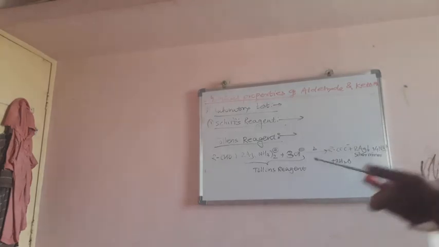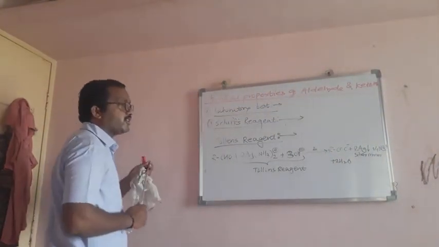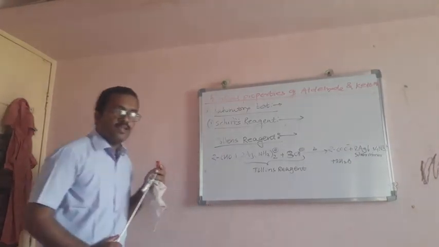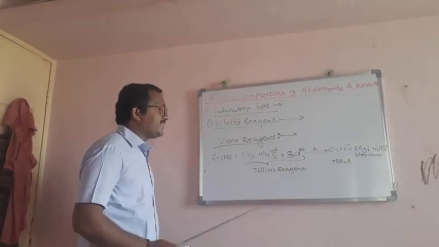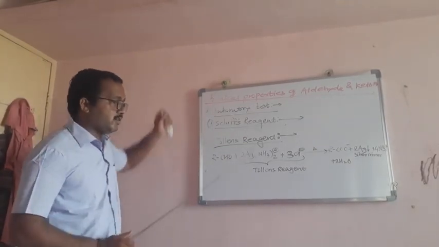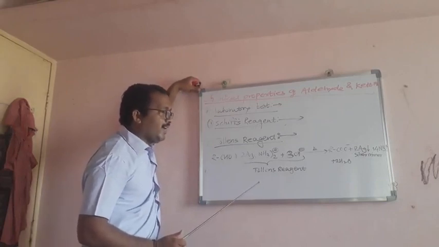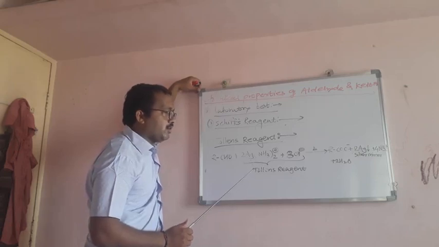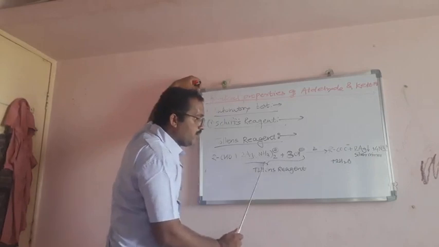The next laboratory test to identify whether aldehydes or ketones are present is Tollens' reagent. Tollens' reagent is also known as ammoniacal silver nitrate.